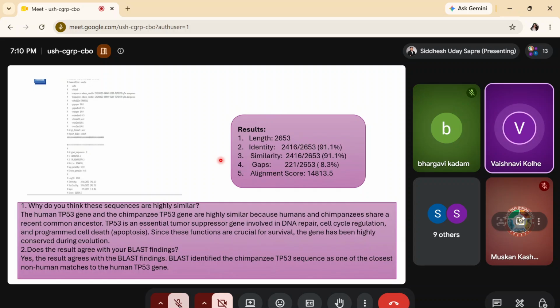According to this data, the non-human match and human are highly similar because both of them are the TP53 gene, showing high similarity. It shows the common ancestry, and it is an essential tumor suppressor gene. This is the BLAST finding which we have got. Next slide.